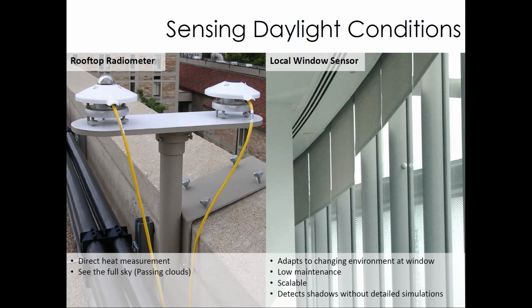The second is a local window sensor. Typically, wireless devices are located in each room or zone that measure light levels. Since it only measures light levels, a calculation is necessary to allow the system to respond to heat gain. However, there are many unique benefits to having a local sensor. These devices are typically low cost, so converting a few rooms into an automated system is simple and cost effective.